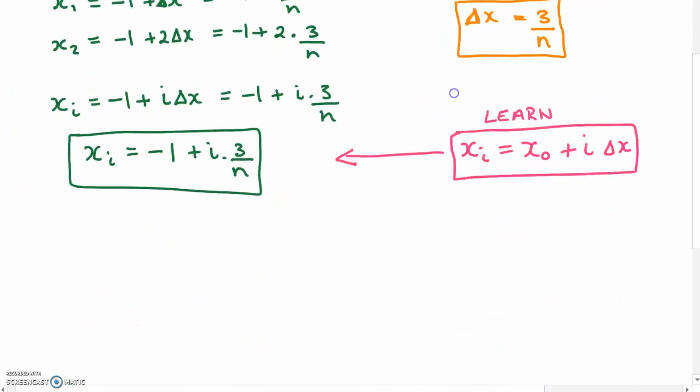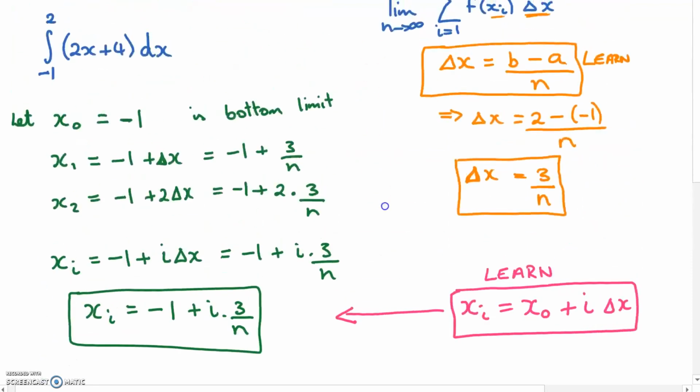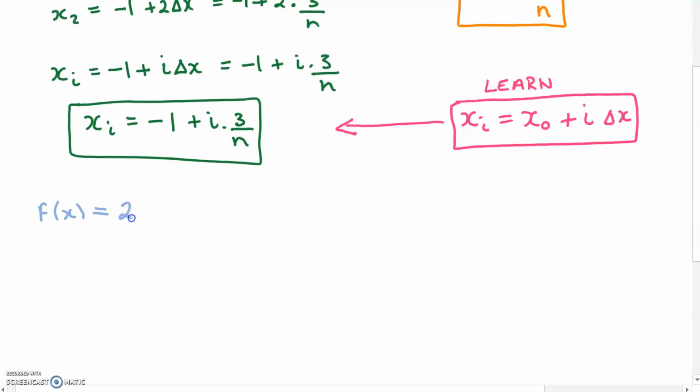It's the expression that is being integrated, the integrand. So f of x is equal to 2x plus 4. So f of xi will be equal to 2 times minus 1 plus i times 3 over n.